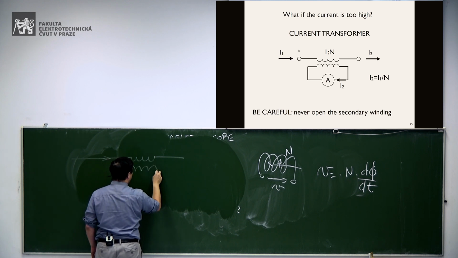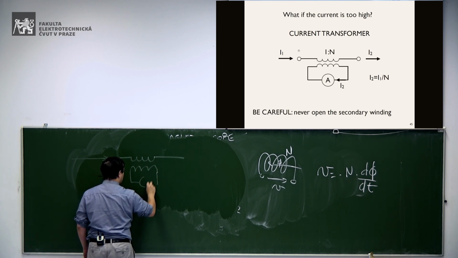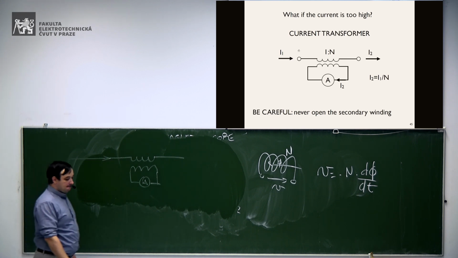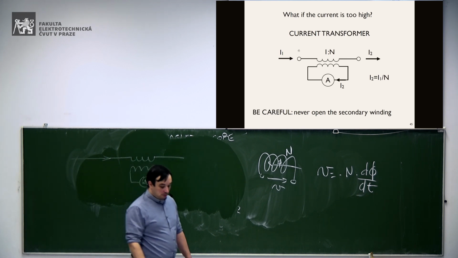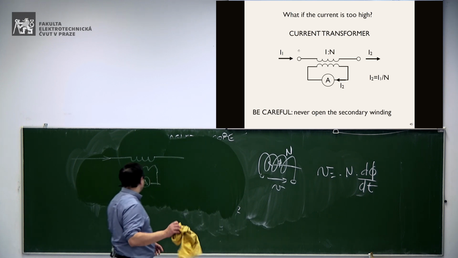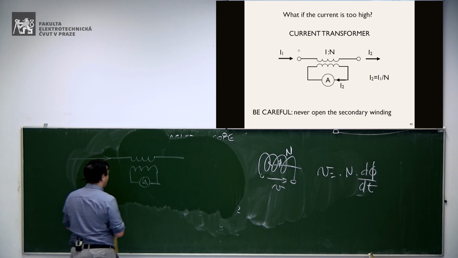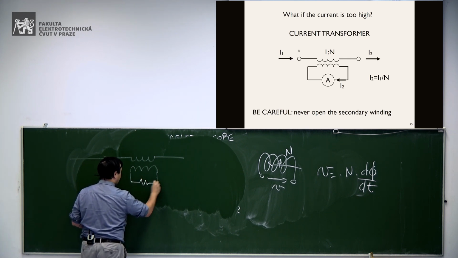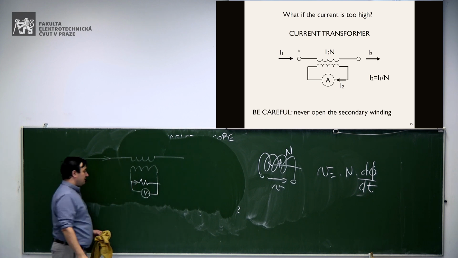Then you reduce it by a factor of n. And then here you put an ammeter, okay? Whatever type of ammeter. Could be, for instance, instead of having an ammeter like that, you could have, as I said, a resistor, and then you measure the voltage, right?